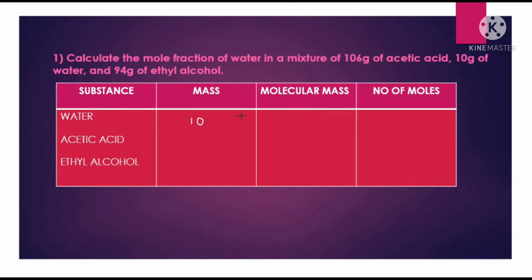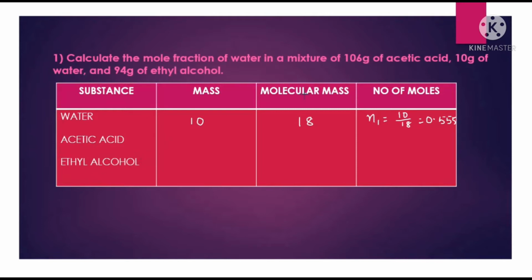Already we have calculated: by summing up the atomic masses of hydrogen and oxygen, it's 18. How to calculate the number of moles of water? Let us take N1 equal to mass of water divided by molecular mass, so that is 0.555.